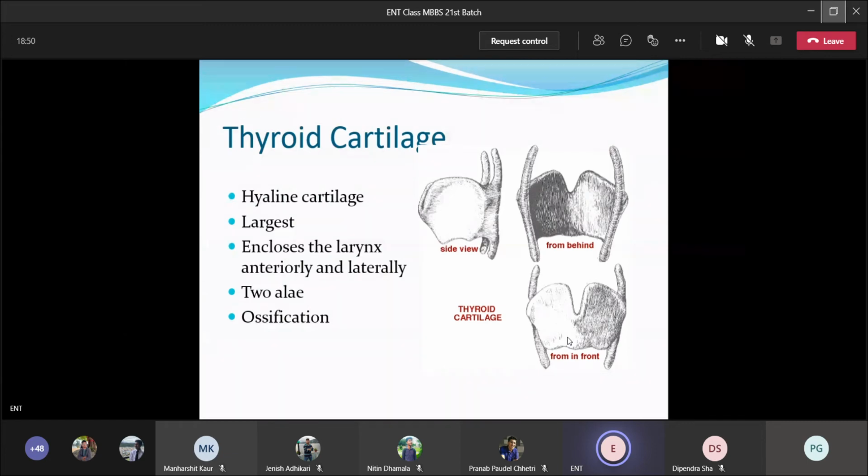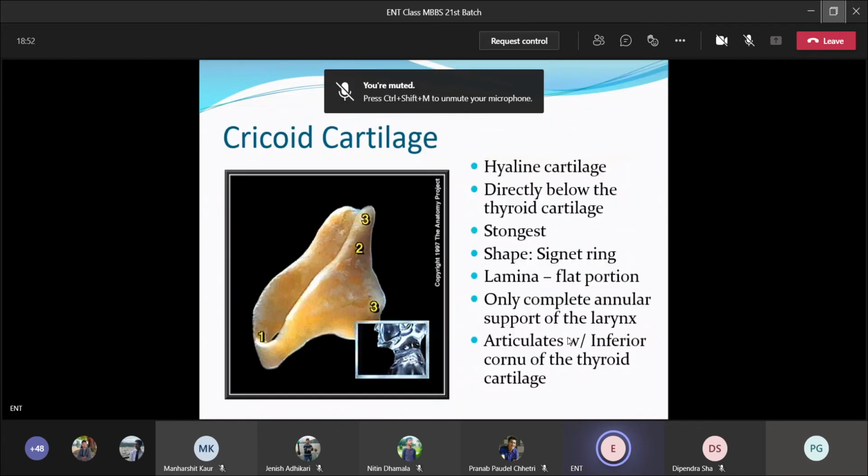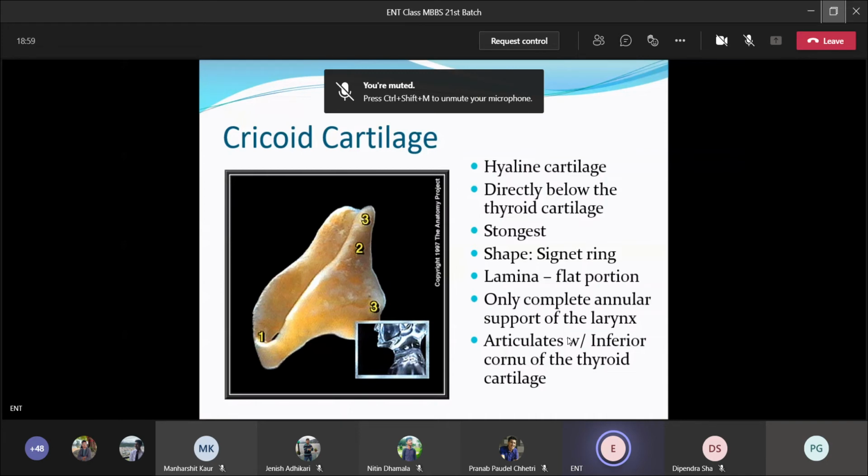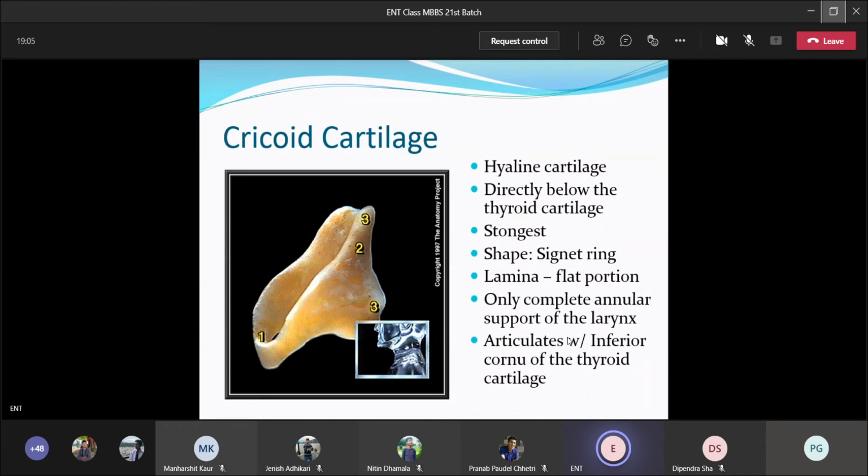The next cartilage is the cricoid cartilage. You look in the diagram, this is the cricoid cartilage. It is also a hyaline type cartilage, directly below the thyroid cartilage, and it is very strong. It is the strongest cartilage. The shape of this cartilage is like a signet ring.